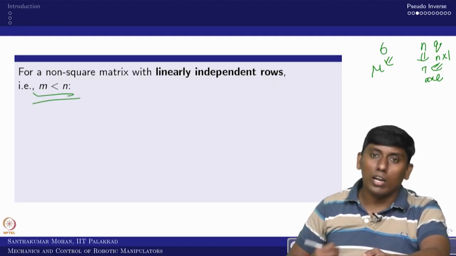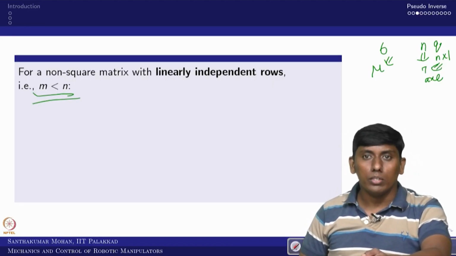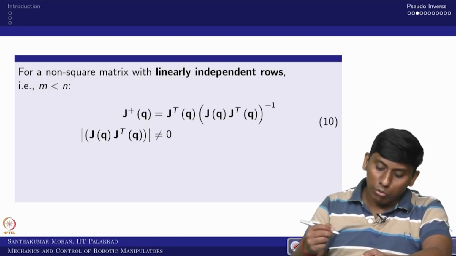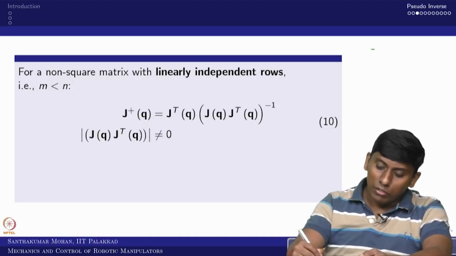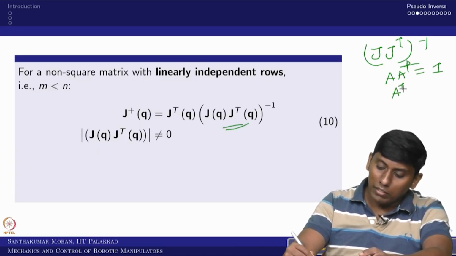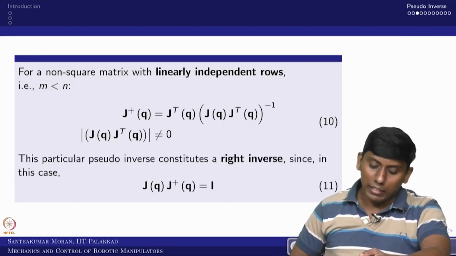This has 6 equations but 7 unknowns, so it is underspecified and multiple solutions are possible. In that case you can take the right inverse, where you take J transpose times the inverse of J J transpose. For the right inverse, J J plus equals I, but J plus J is not equal to I.